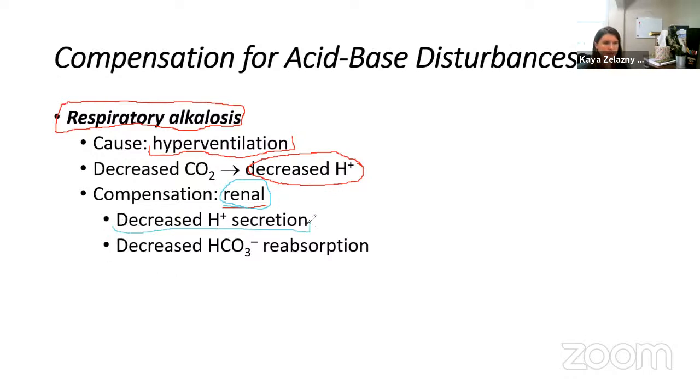And at the same time, we don't want to buffer out so many hydrogen ions, right? We want more hydrogen ions in the blood, which means we don't want as much of our sponge, don't want as much of our bicarbonate. So we are going to decrease, kind of stop our bicarbonate reabsorption and definitely the bicarbonate synthesis.